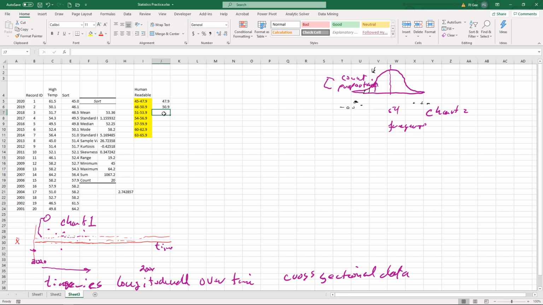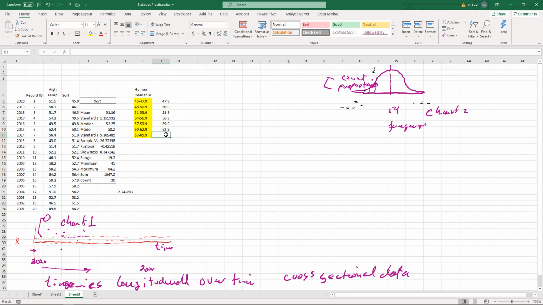The histogram formula is going to look at this column. 53.9. It'll include everything up to that. 56.9. 59.9. 62.9.